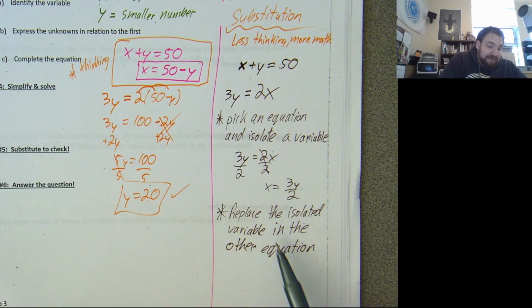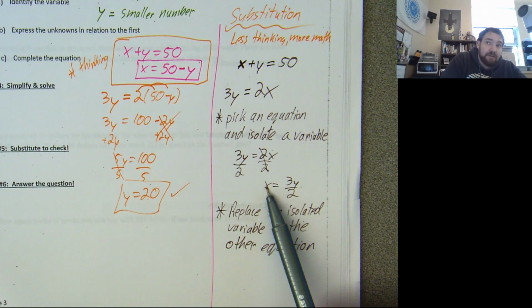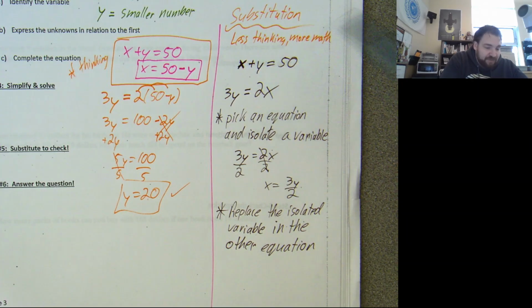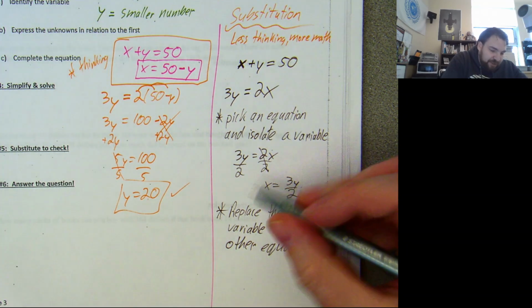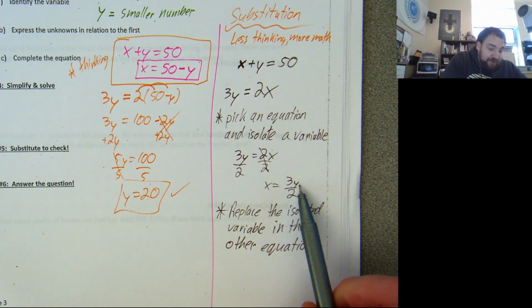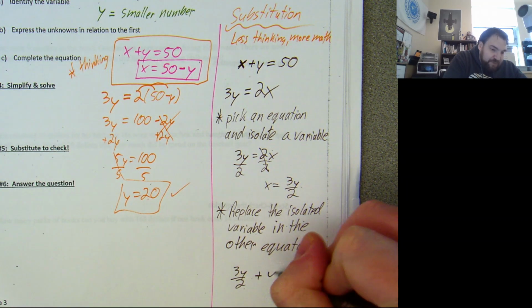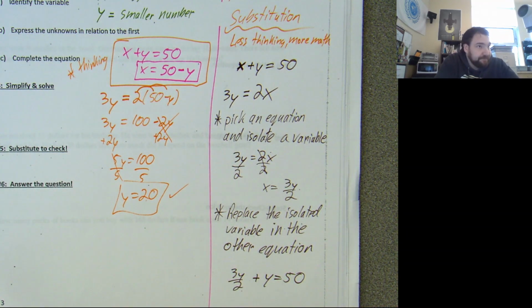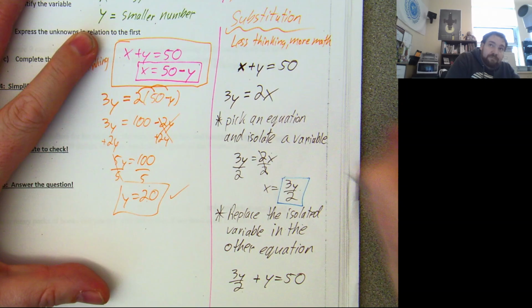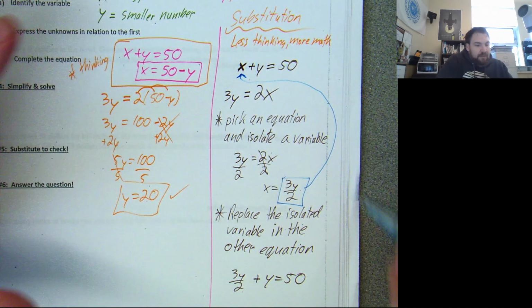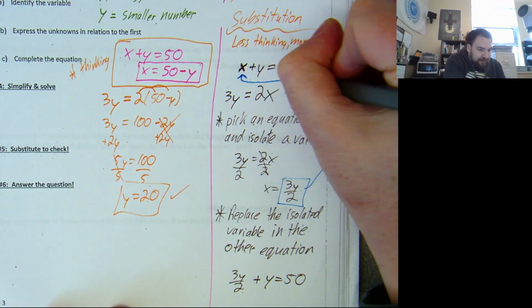What we're going to do now is replace the isolated variable, x, in the other equation that Ruben did not choose, x plus y equals 50. Instead of writing x plus y equals 50, we're going to write, if x is equal to 3y over 2, this equation becomes 3y over 2 plus y equals 50. We took this expression right here and put it into the other equation where the isolated variable was sitting.